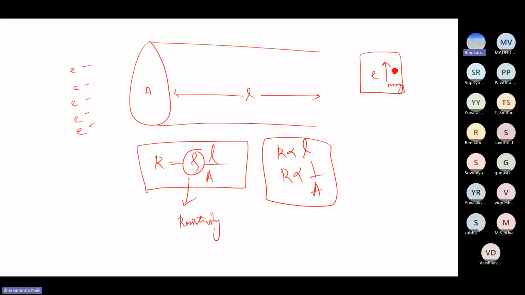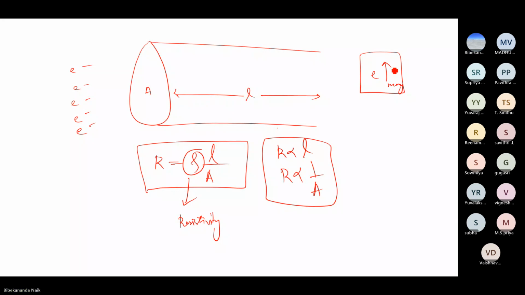So when you increase the temperature of a particular metal, due to this increase in energy, the electrons will collide with each other more frequently. Like if there is a room and in that room there are 50 students. When the 50 students try to go outside the room through a single door, there will be more collisions than in the case where there are only 5 or 10 students.